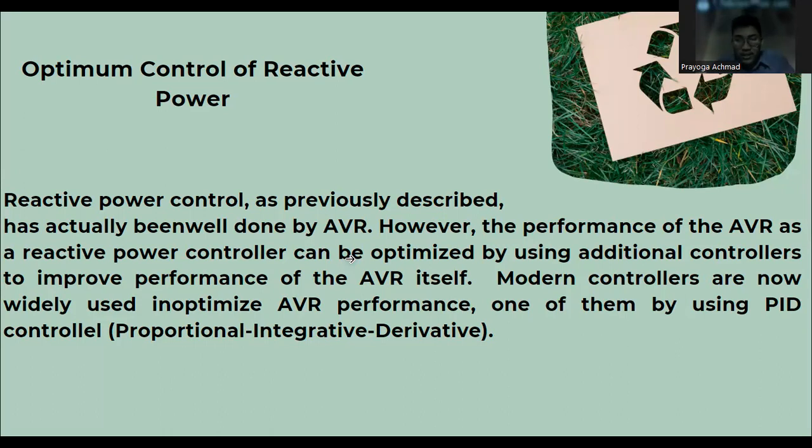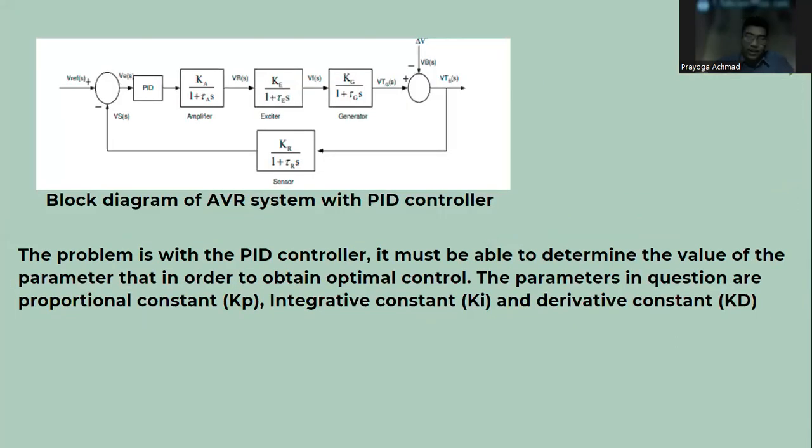Modern controllers are now widely used to optimize AVR performance. One of them is the PID controller, or proportional integral derivative. And this is the block diagram of the AVR system with a PID controller.